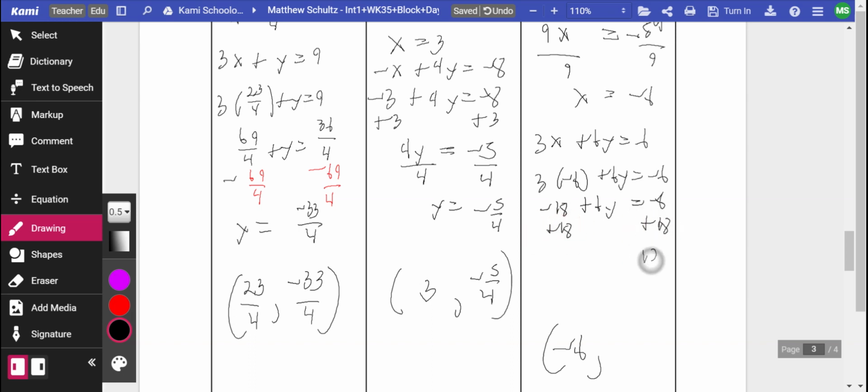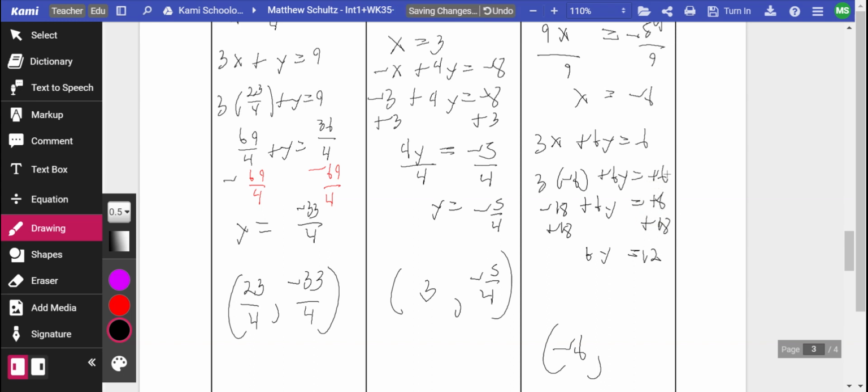I'm going to get 12 is equal to 6y. Whoop. Give me a second. Wait, what? This shouldn't have been a negative 6. I was writing the 6 right here. It should have been positive 6. I was like, wait a second here, there's a problem.